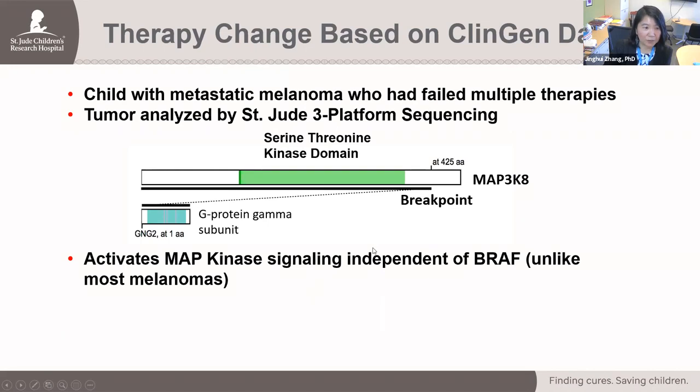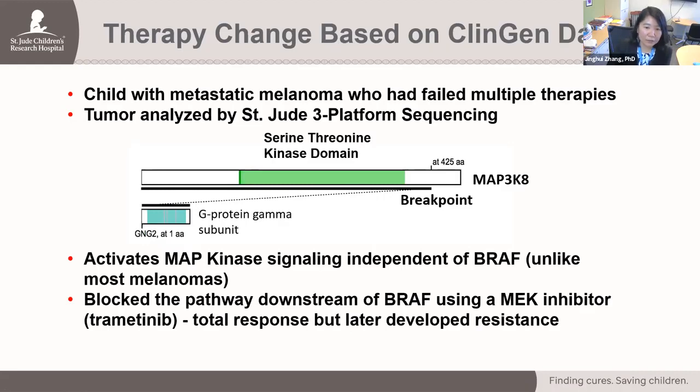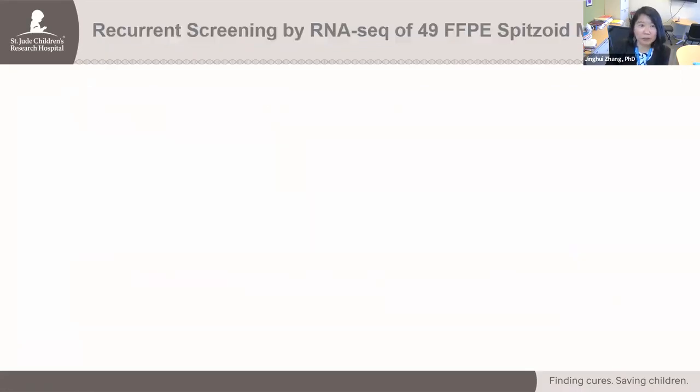The patient lacks the BRAF V600E mutation usually found in melanoma. So we proposed using a MEK inhibitor, trametinib, and the patient got a total response, but unfortunately developed resistance.